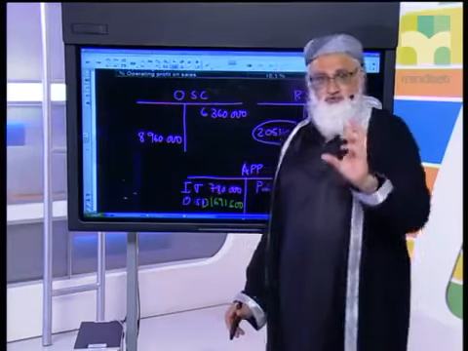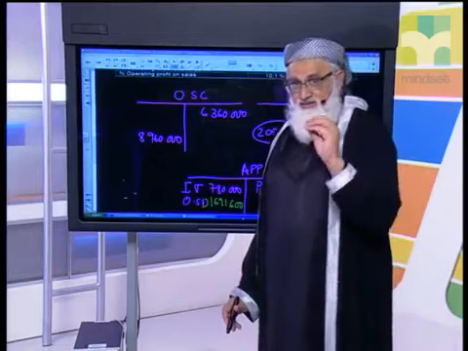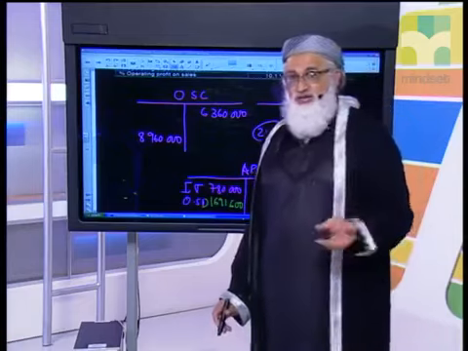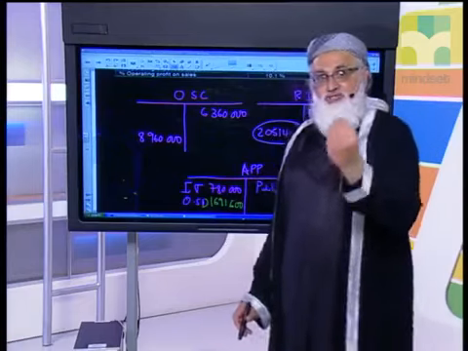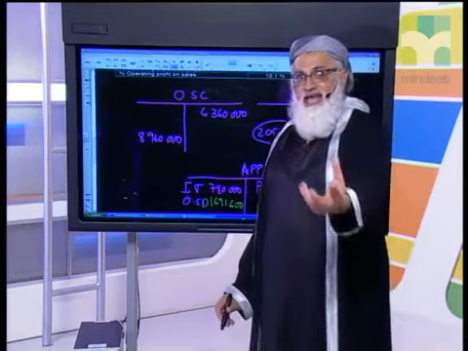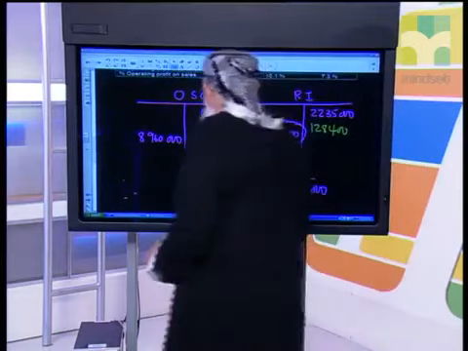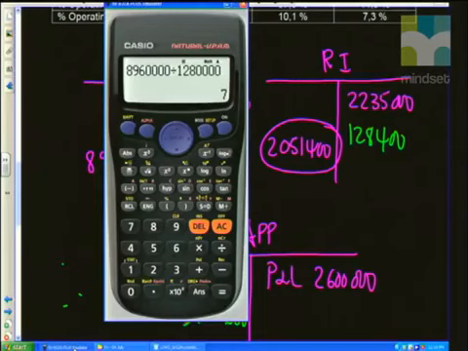The number of those shares was 400,000. The physical quantity of shares was 400,000. I don't know the Rand value. But what I do know is the shares that I bought back. How many were they? 120,000. That was the number of shares that I bought back.